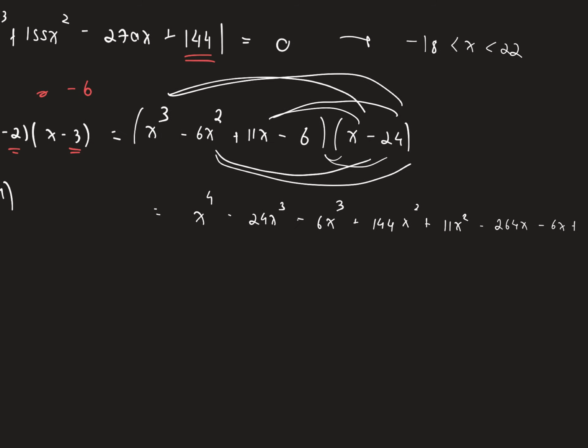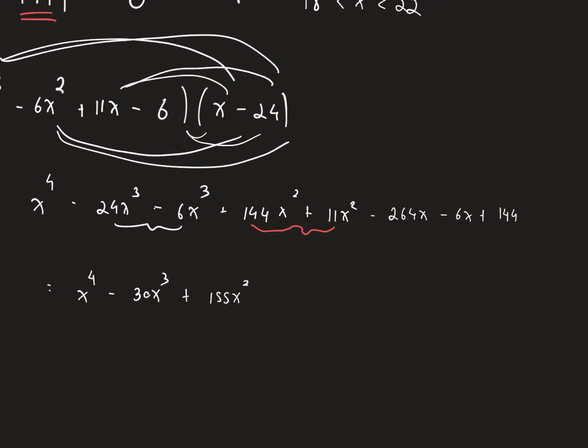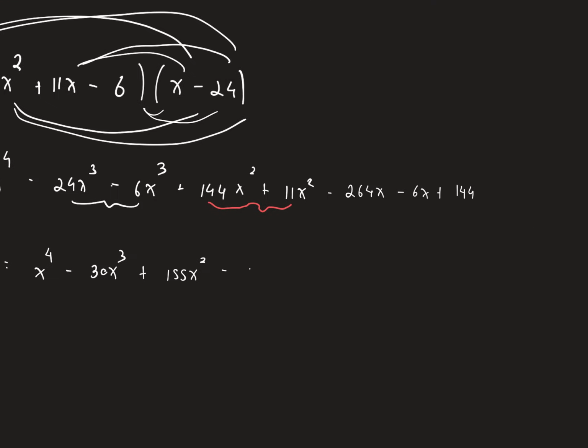What we'll get here is x to the power of 4 minus 30x to the power of 3, which is this one, and plus 155x squared, which is this one, and minus 270x plus 144.